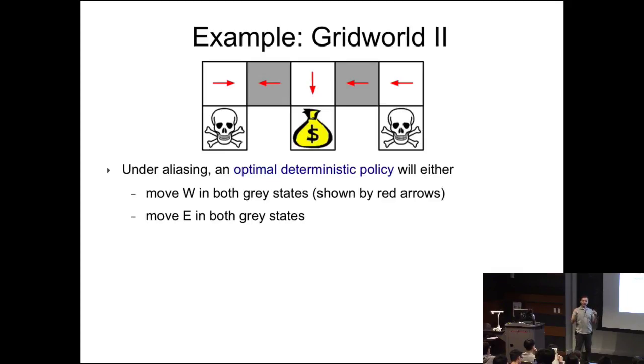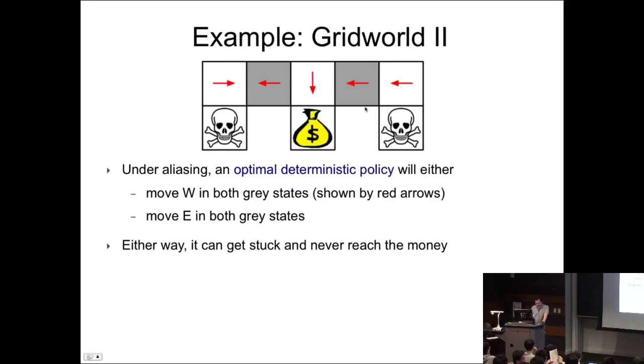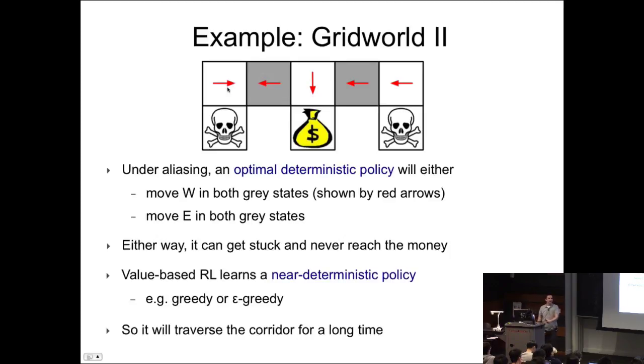And if you have a deterministic policy, you always choose one action, go west. In this case, this particular policy can get stuck and never reach the money. If you start here, that's good, because you can go up and you can go down. But if you start here, you'll go here and go back and go here and you go back and go here. So this is just an example that a fully deterministic policy can potentially get stuck.